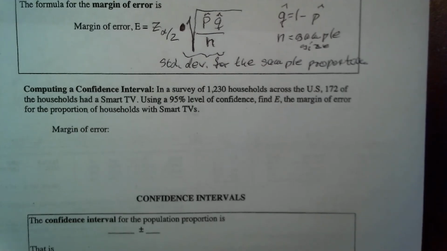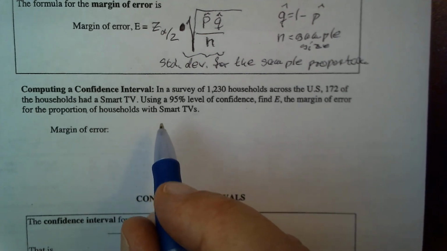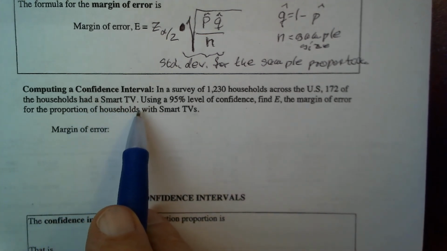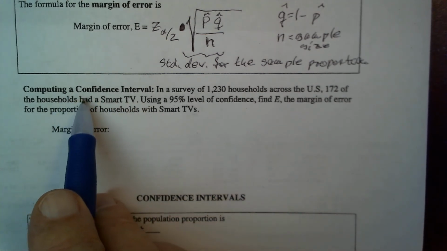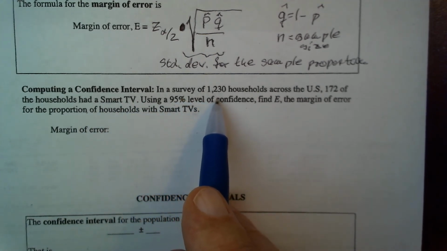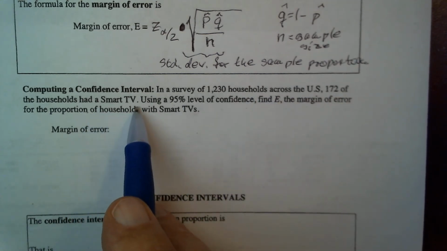And let's apply our newfound knowledge about the margin of error to the previous example of the households with smart TVs. So here it is, computing a confidence interval. In a survey of 1,230 households across the US, 172 of the households had a smart TV.